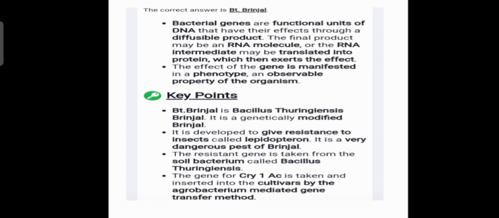The effect will be manifested in a phenotype, an observable property of the organism. That is Bt brinjal. Bt means Bacillus thuringiensis brinjal, a genetically modified brinjal developed to give resistance to insects. So Bt brinjal is pest resistant.